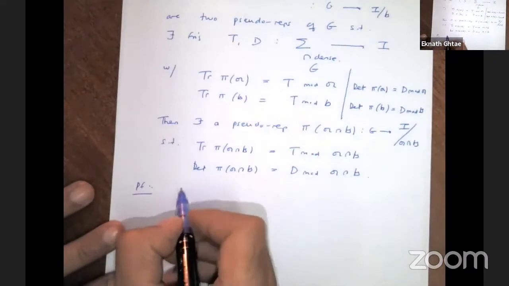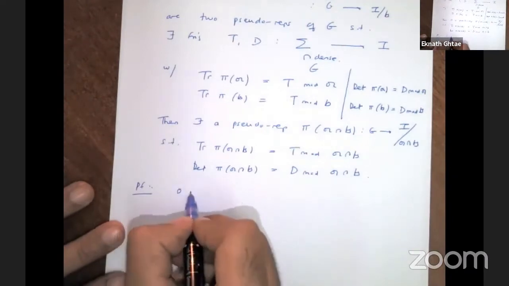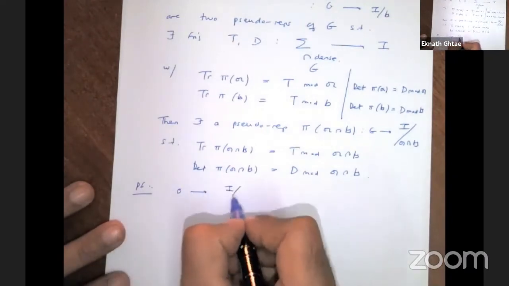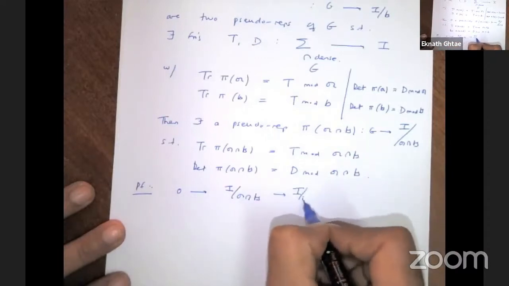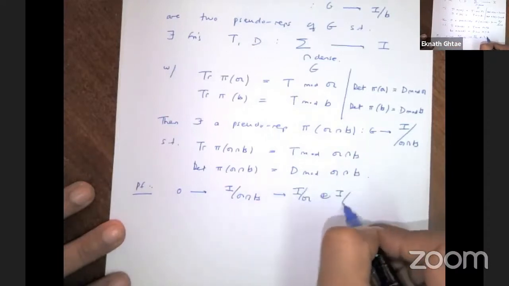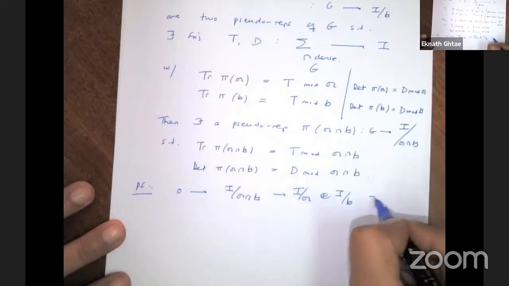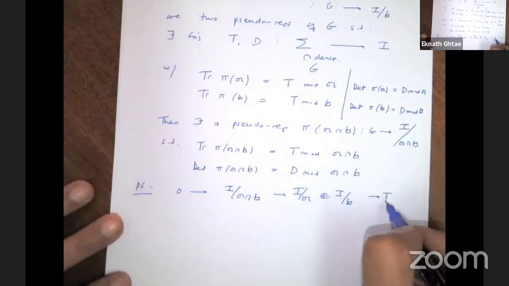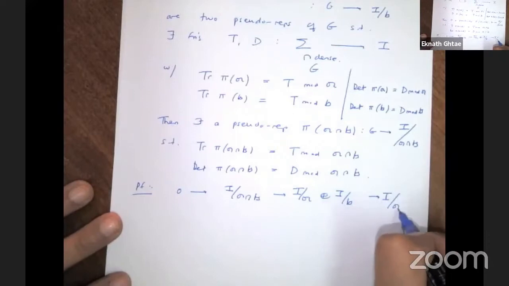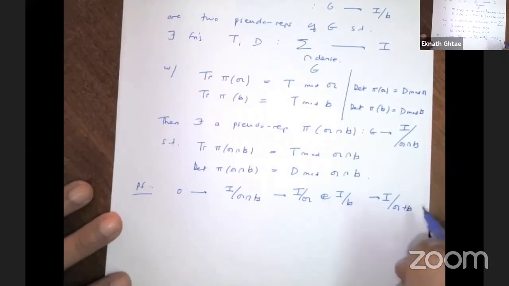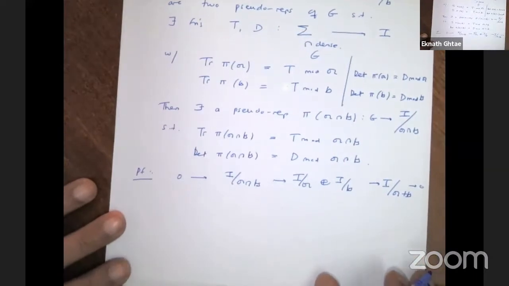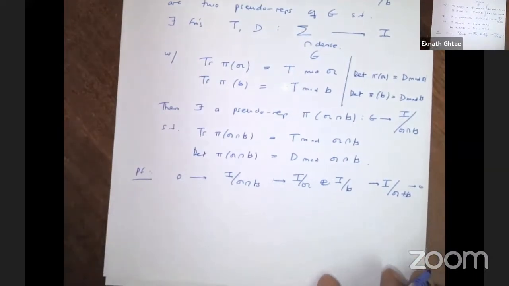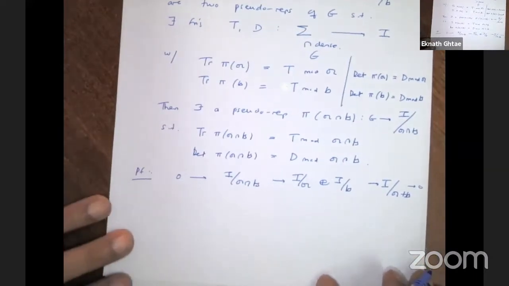Well, we note the following exact sequence. This lemma is something that once I write it down, you can actually prove it as a homework problem. But let me do the proof. It's more or less obvious what you have to do once one writes the statement of the lemma down.